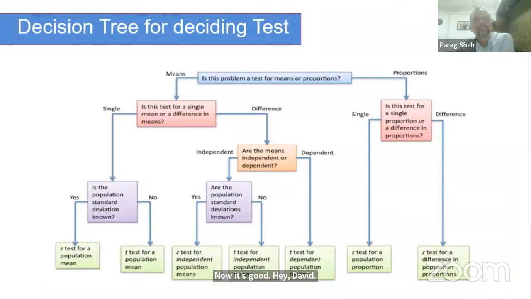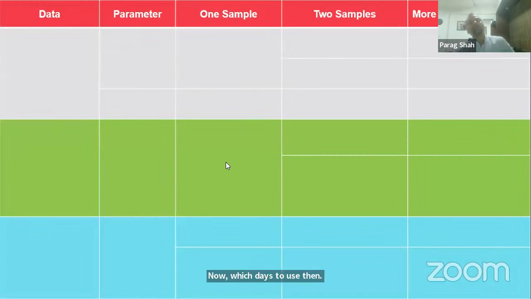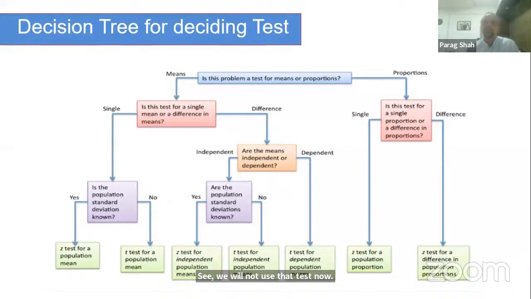Now we'll decide which test to use when. See, we will not use Z test now. Z test is used only and only if population standard deviation is known. That means if sigma is known, which is never known, then only you have to go for Z test.